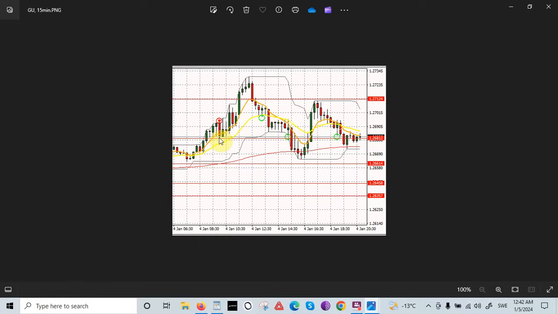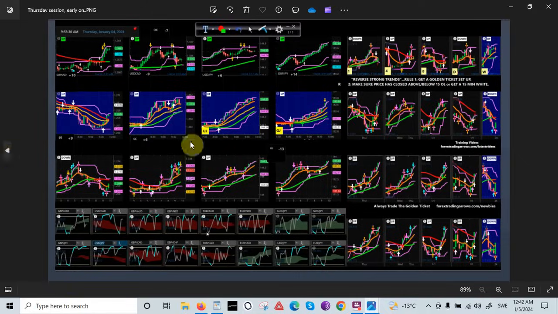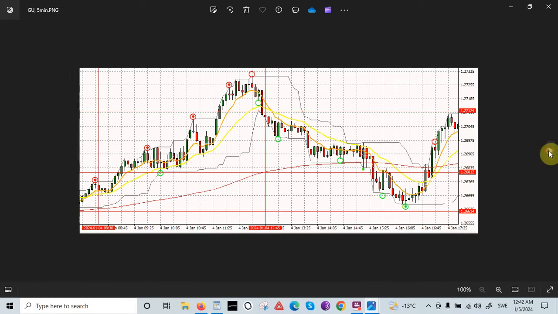Now you have rule 2 here as well, but let's take a look at the 5 minute. Yeah, it's the 5 minute low. So this is the first pullback. That's really great. It's basically a 50-minute orange line trade.